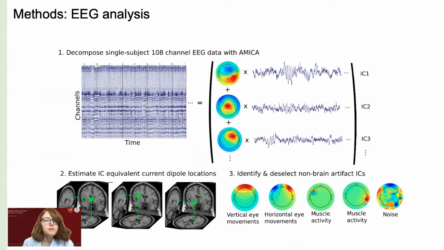This is the analysis pipeline. The channel EEG was decomposed using adaptive mixture model ICA. And then for each IC, we estimated IC equivalent current dipole locations.